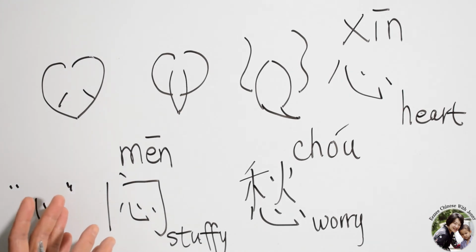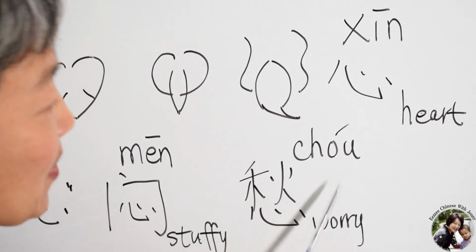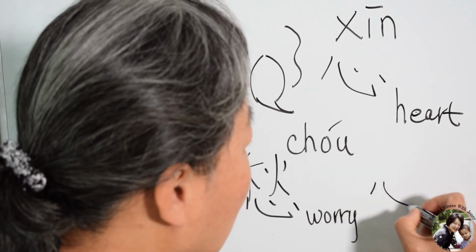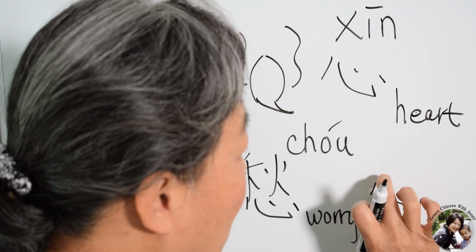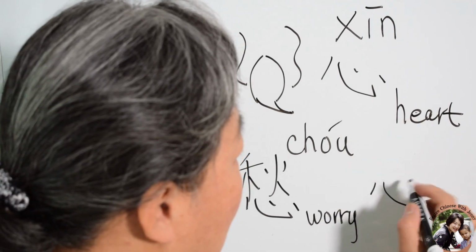It's also called men. And remember, this character we have learned means autumn, and autumn over heart means worry. The pronunciation is chou, because the autumn part is not very tall, it's short.